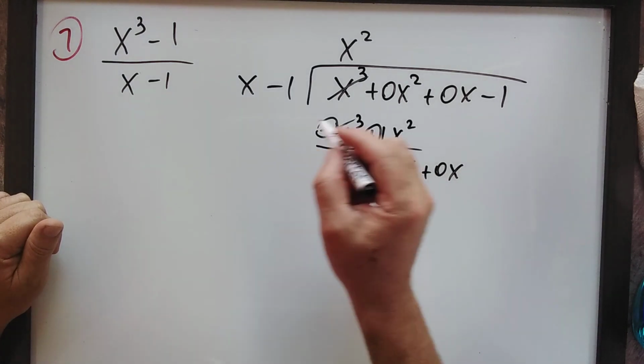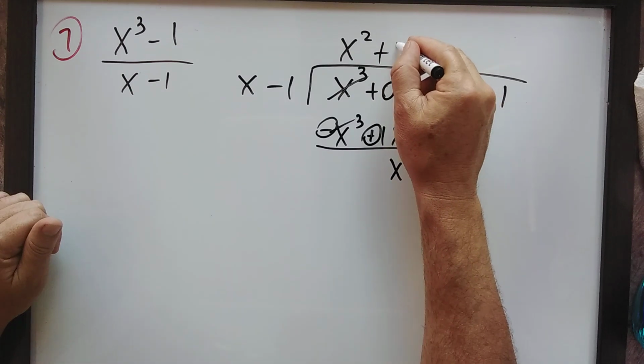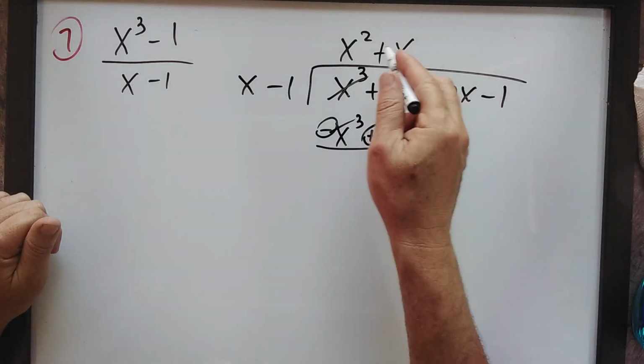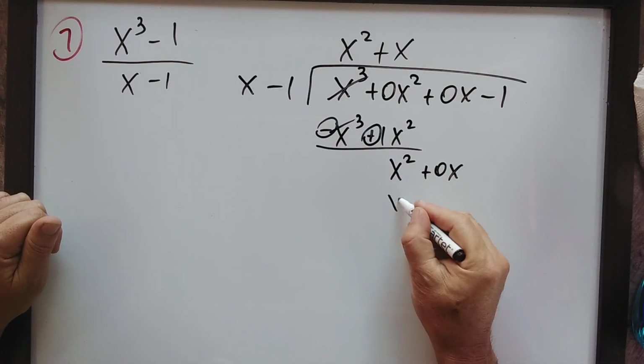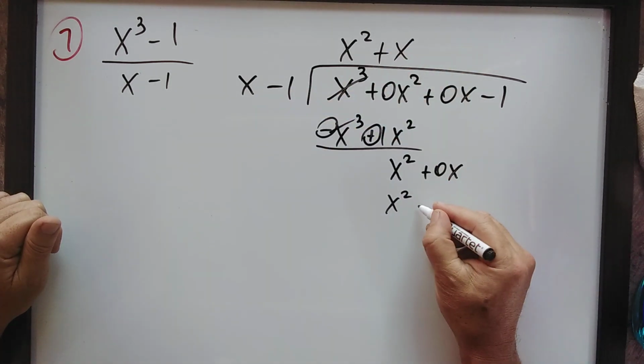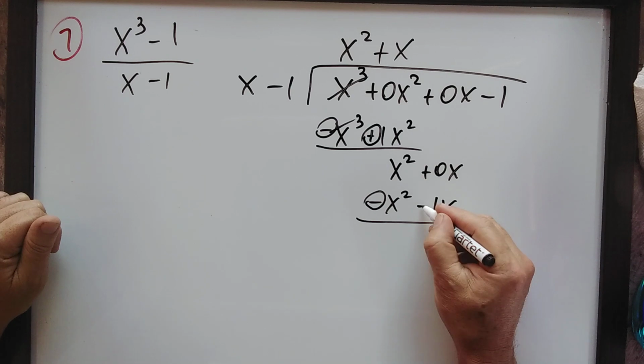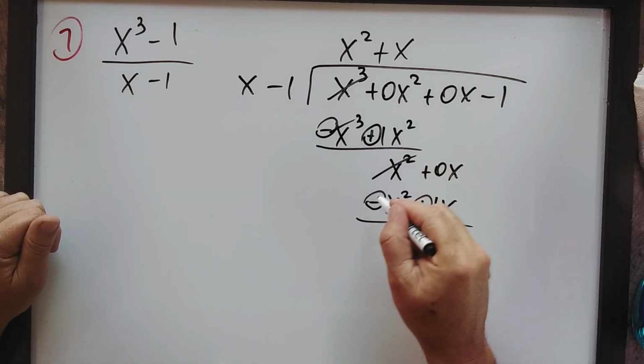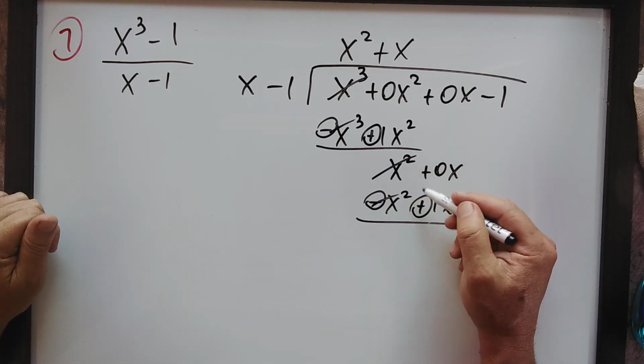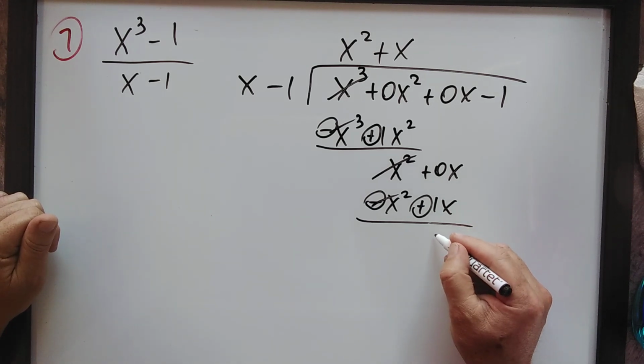Divide x squared by x gives you positive x, right? Because x times x squared. X times -1 is -1x. Change signs to the opposite, negative, positive, cancel. And then 0 plus 1 is 1x, or just x.